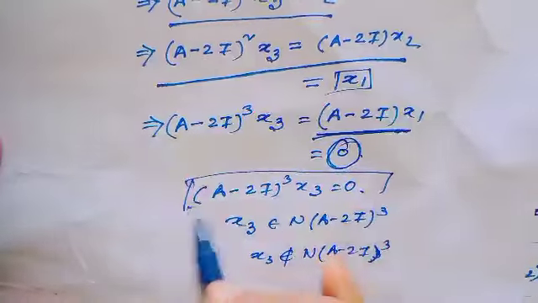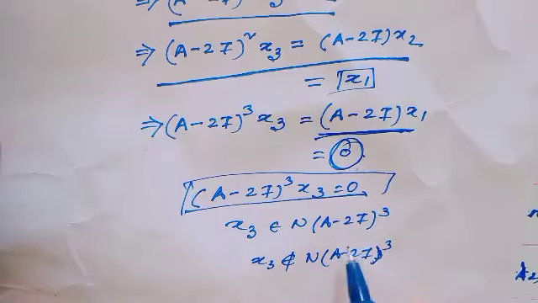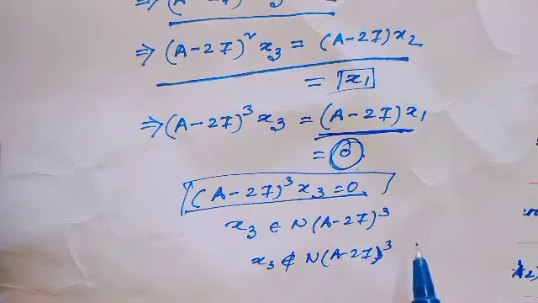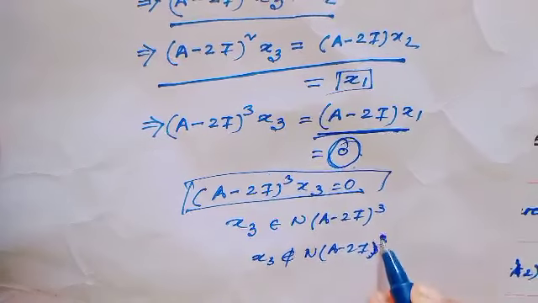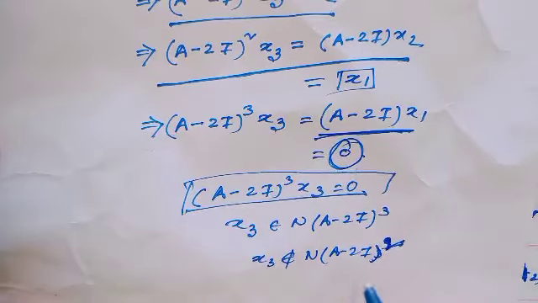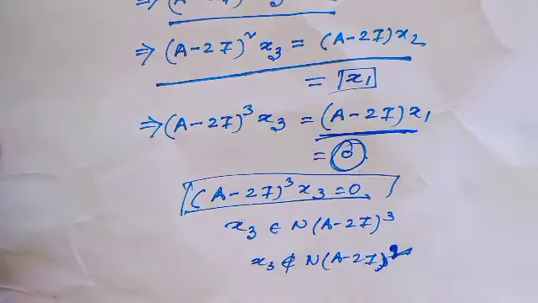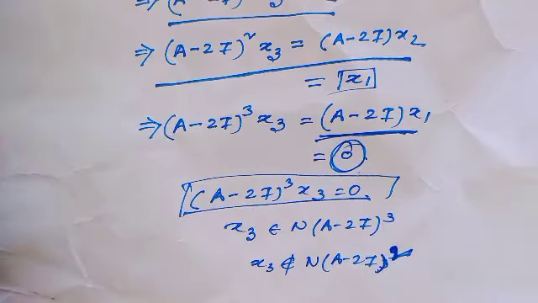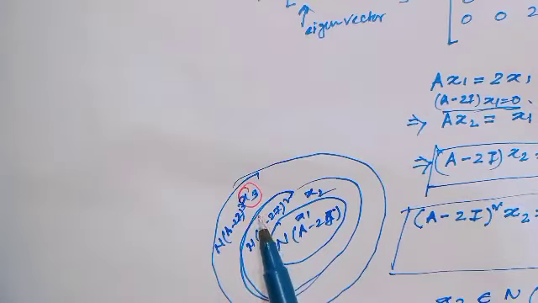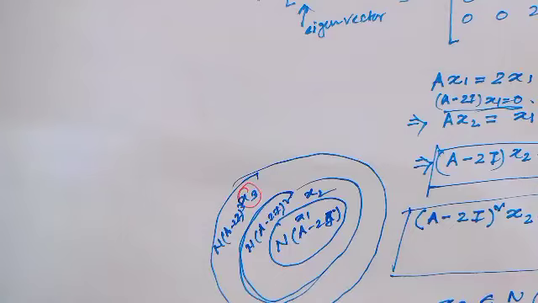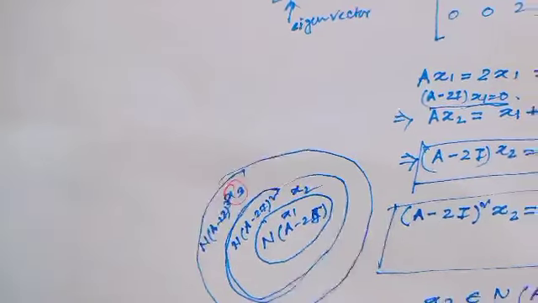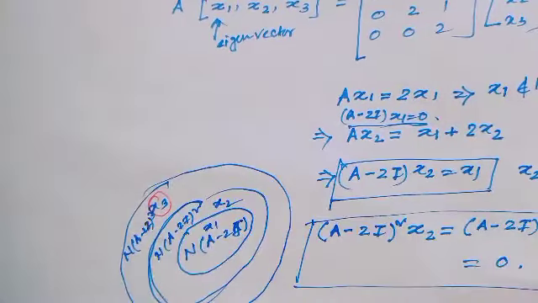From this expression, x3 belongs to the null space of (A minus 2I) cubed. That means x3 does not belong to the null space of (A minus 2I) squared, but x3 belongs to the null space of (A minus 2I) cubed. Are you getting the method?